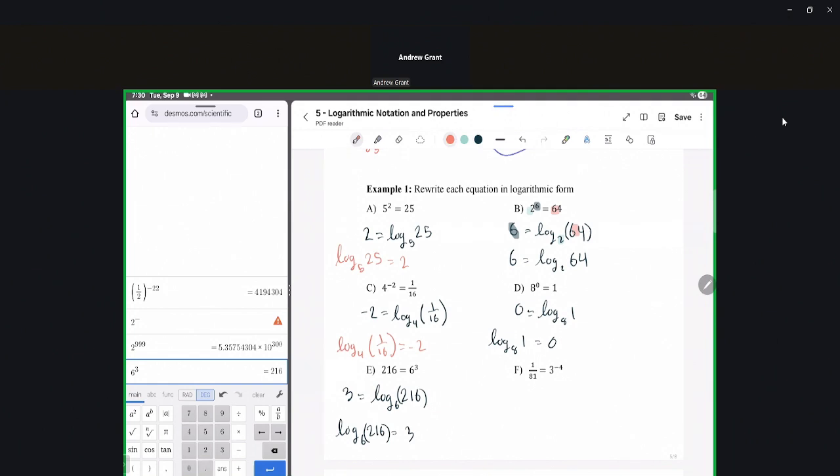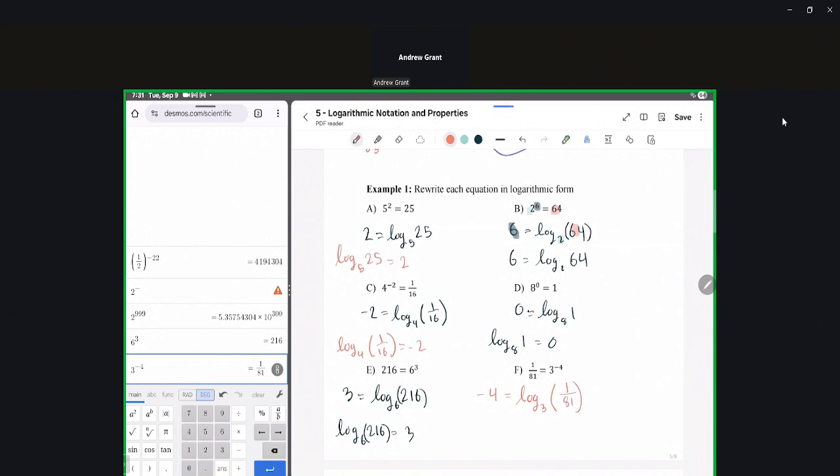Lastly, but not leastly, we have 1 over 81 equals 3 to the power of negative 4. Just as a calculator check, that is the case. It's going to be 1 over 81. And so this is going to be the exponent. Negative 4 is equal to log base 3 of 1 over 81.